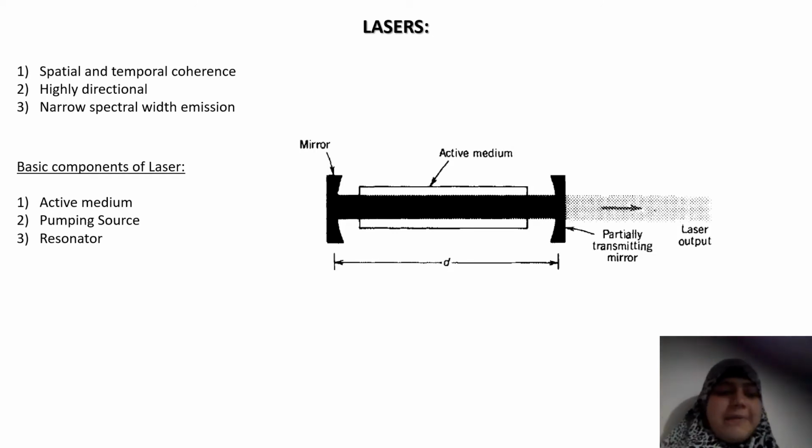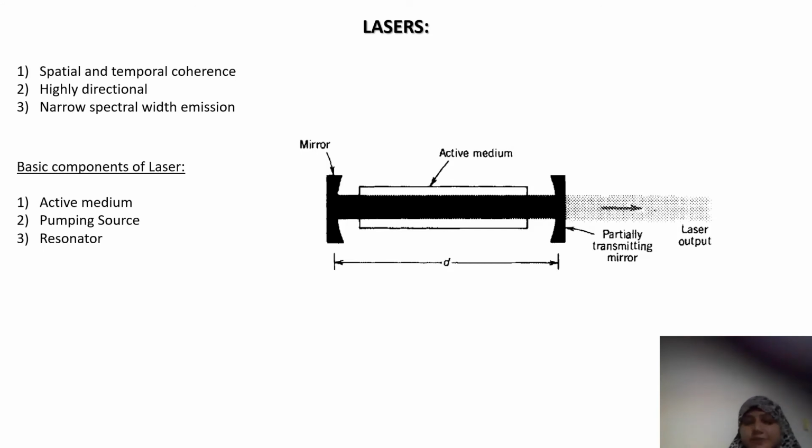So lasers mean, as I have already said, light amplification by stimulated emission. I haven't written it, but all of you know the full form of laser. We are doing amplification by stimulated emission. Why stimulated emission? Because stimulated emission has spatial and temporal coherence. That means they remain coherent.